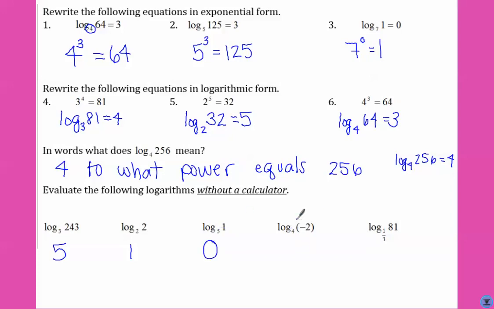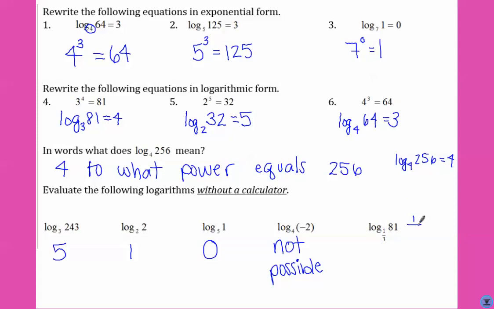4 to what power gives us negative 2? There's none. It's not possible because you can't raise a positive number to an exponent and get a negative number. So if we have a log of a negative in the parentheses, we can't do that. And then finally, log base 1/3 of 81.